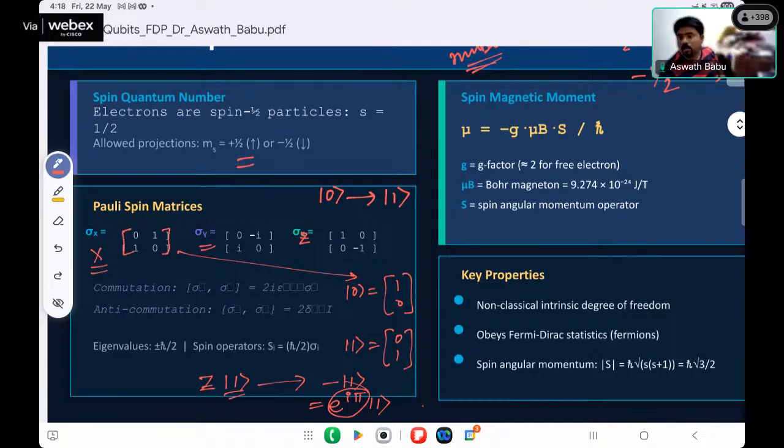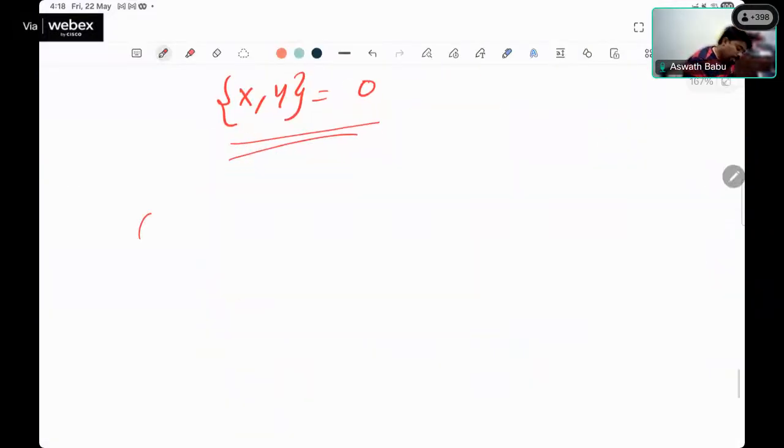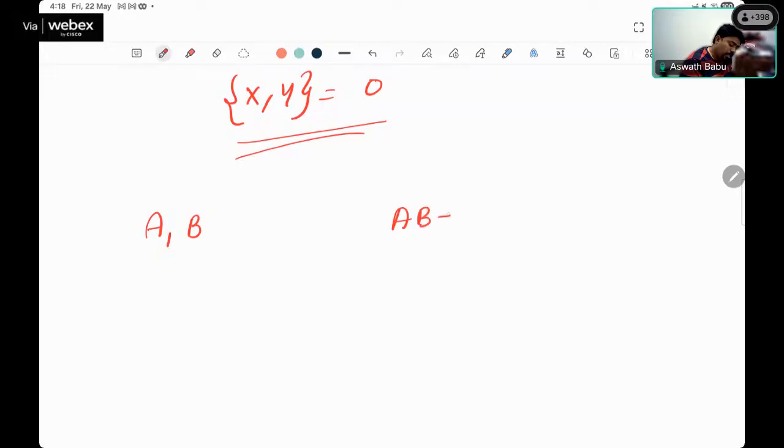Okay. So what is commutativity? If there is a matrix A and a matrix B, they commute with each other means what? AB is equal to BA. That is AB minus BA, which is equal to 0.